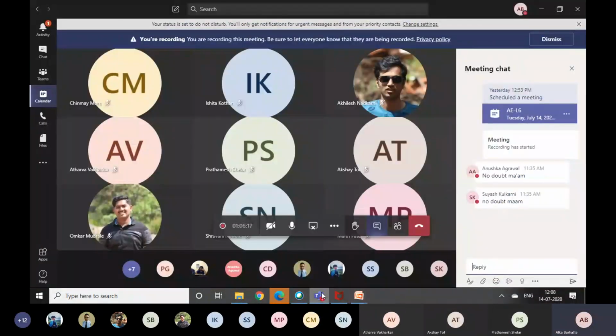You might have observed I have created one more team, because my existing team doesn't allow me all the classroom controls, like assignment creation. That is why I created another team, and I have added almost everyone. If anybody has been left out, please let me know.